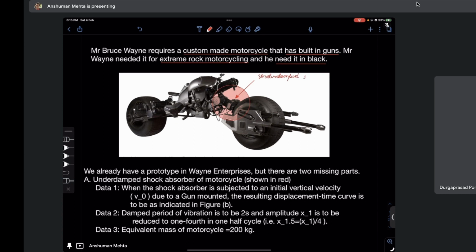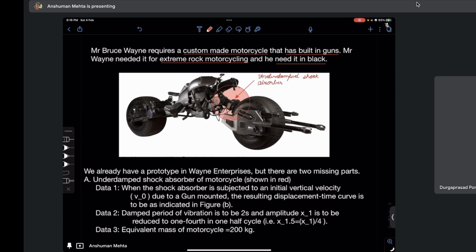An underdamped shock absorber is something which absorbs the shock of some disturbing element. In our case, it is not the bump of the road, it is the recoil of this gun, which is installed in front of, inside of this tire.